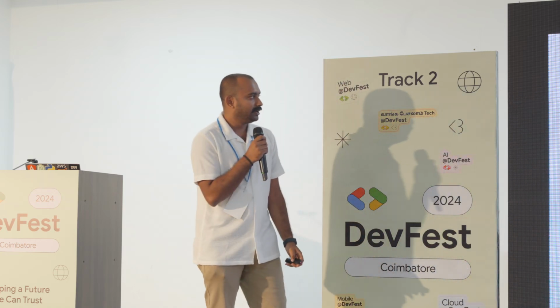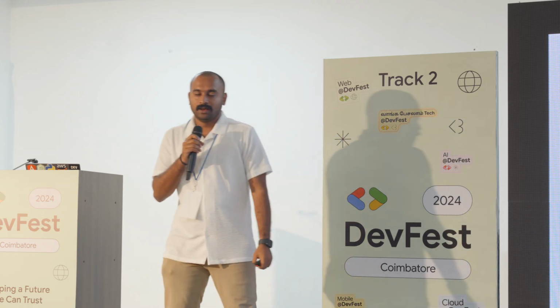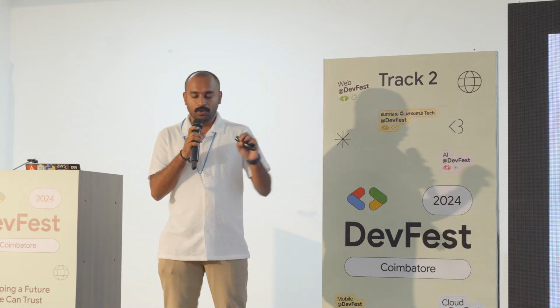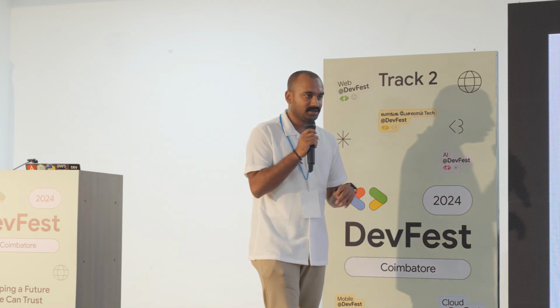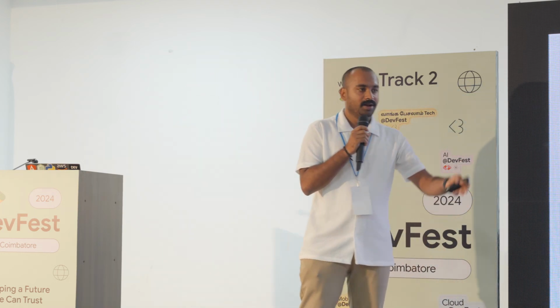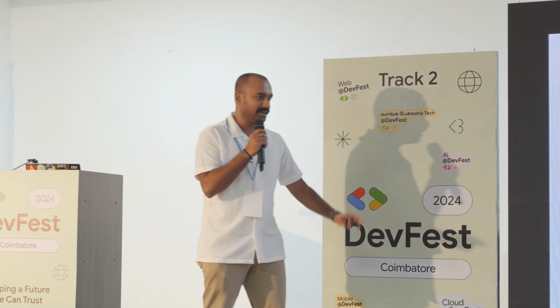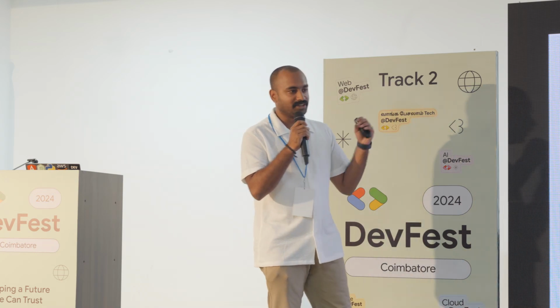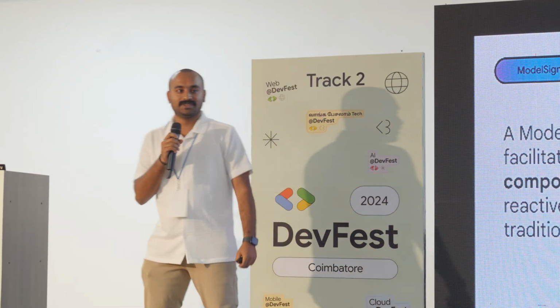And model signal. Personally, I feel this is a game changer API. Why? Because for people who work on multiple components, if we want to share data between components, or between child and parent, we used to have a lot of boilerplate in Angular: @Input, @Output, EventEmitter.